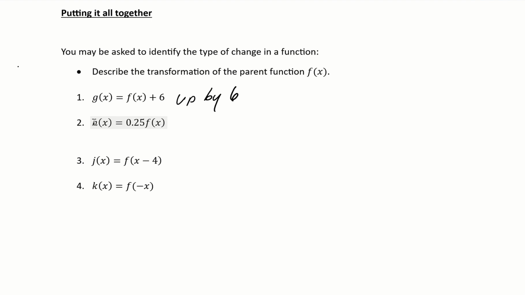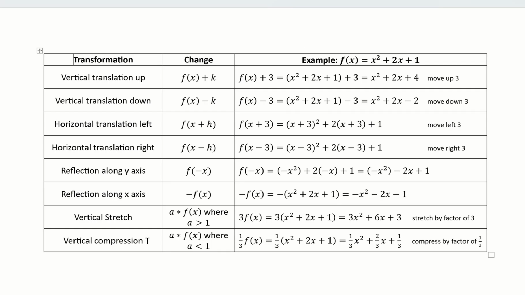They're saying h of x is 0.25 times f of x. When we're multiplying by a factor between 0 and 1 and we're outside of f of x, that is going to be a compression. So it's a times f of x, where a is less than 1, but it's got to be greater than 0. So here we have 1/3 f of x. That's going to be a compression by a factor of 1/3.